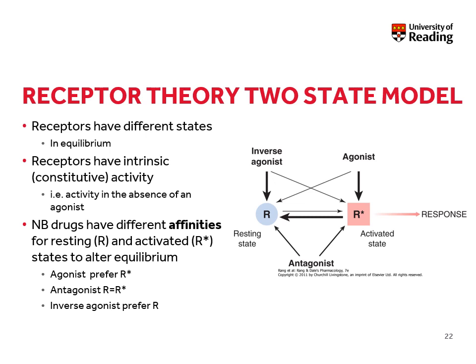Now, what the two-state model suggests is that agonists prefer to bind to this activated state, and therefore lock the receptor into that activated state, and therefore we get a response. It looks like an activation because what the agonist is doing is locking that receptor into the activated state. As the receptors are constantly cycling between the two states, when a receptor goes into the activated state and an agonist binds, then it becomes activated.